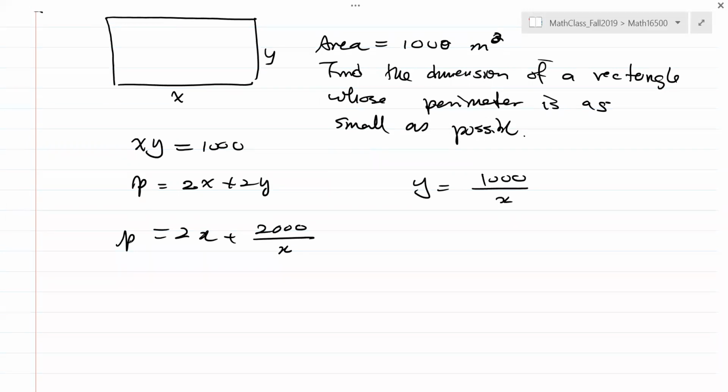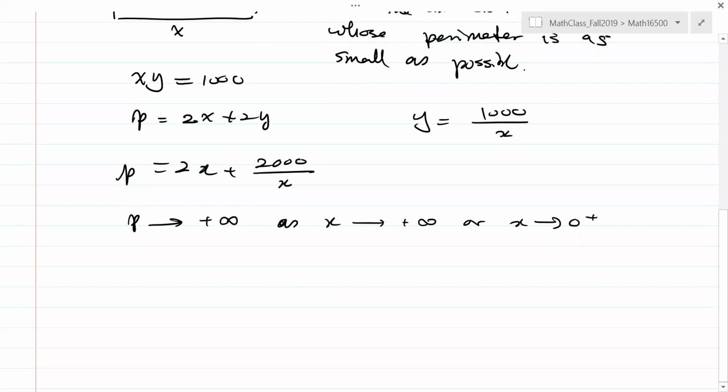Clearly, this function is interesting if you draw the graph. P goes to positive infinity if x approaches positive infinity, or x approaches 0 from the positive side. If x approaches positive infinity, the first term makes the perimeter approach positive infinity.